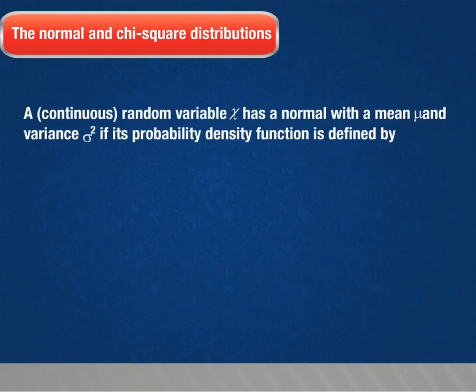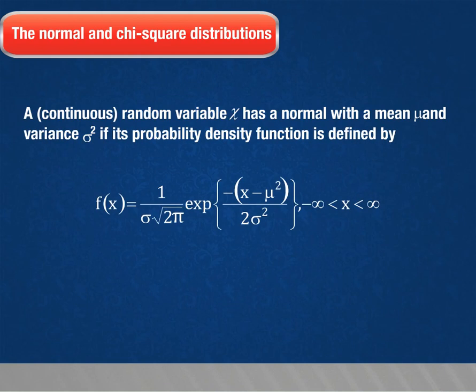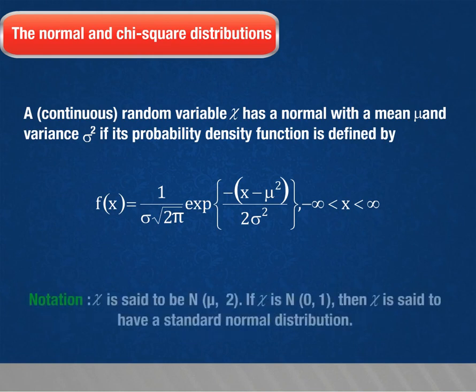A continuous random variable chi has a normal distribution with mean mu and variance sigma square if its probability density function is defined by f of x is equal to 1 by sigma square root of 2 pi times exp of minus (x minus mu) square divided by 2 sigma square, for minus infinity less than x less than plus infinity.